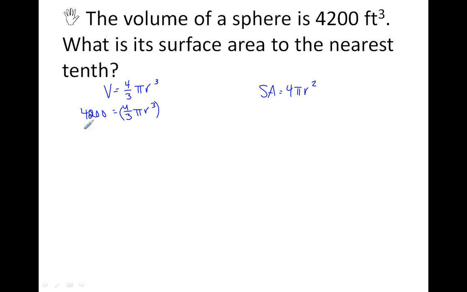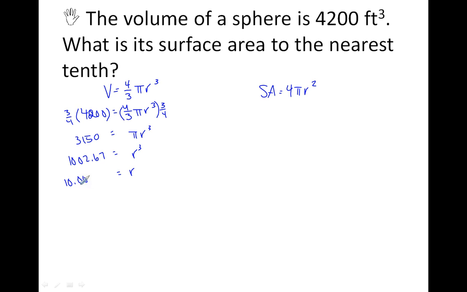First, I'm going to multiply both sides by 3/4 just to get rid of my fraction. So pi r cubed is 3,150. Divide both sides by pi. I get 1,002.67 approximately.